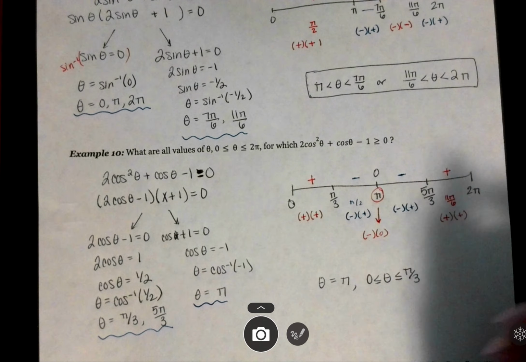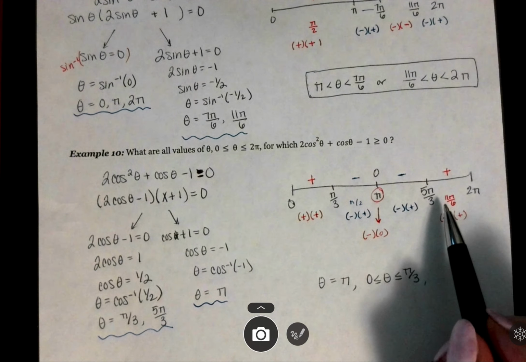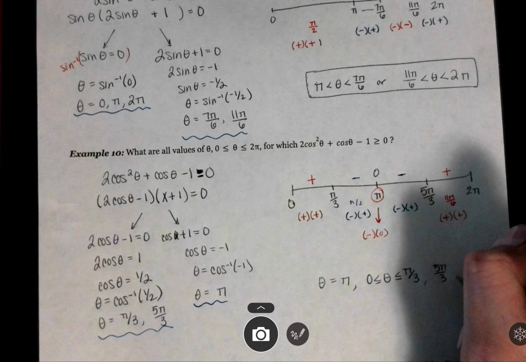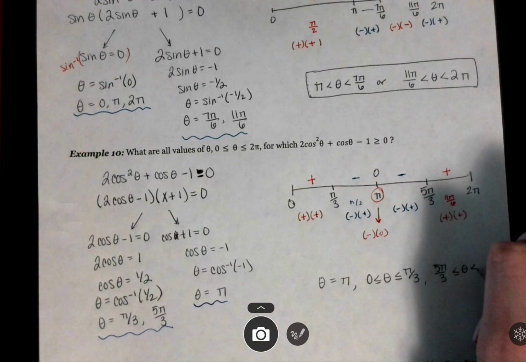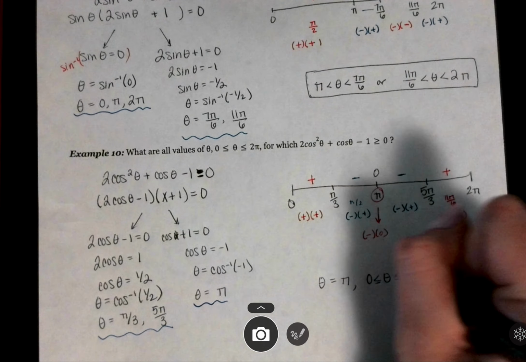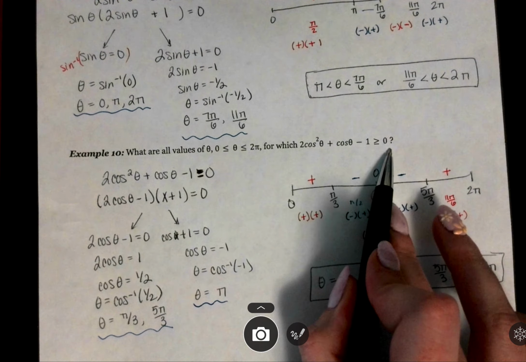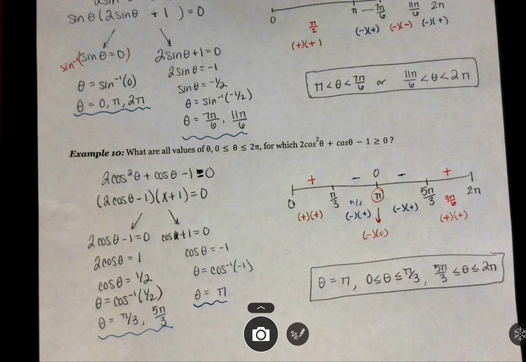And then my last interval from 5 pi over 3 to 2 pi. And those are all of the values that will make this statement true for when that is greater than or equal to 0.